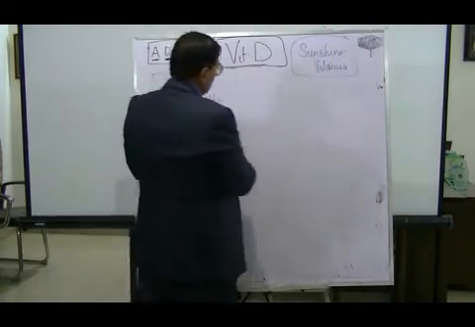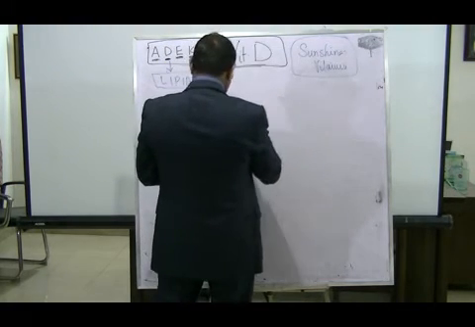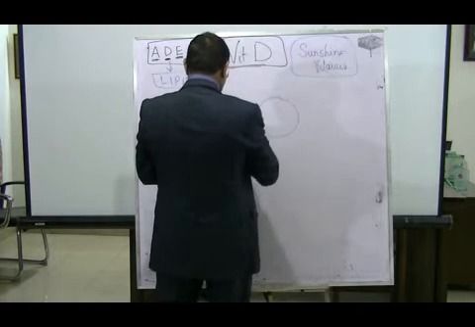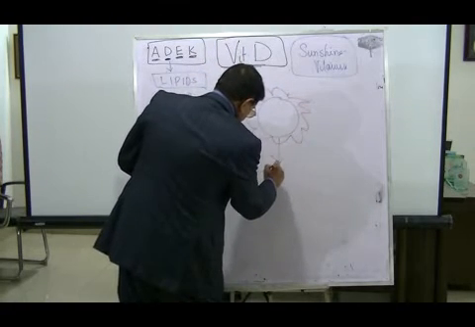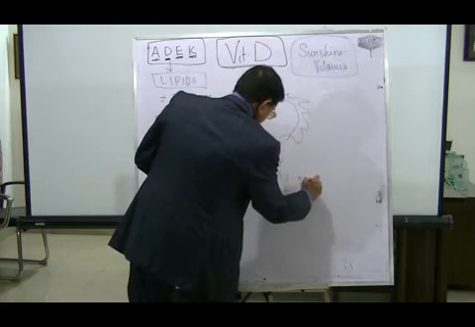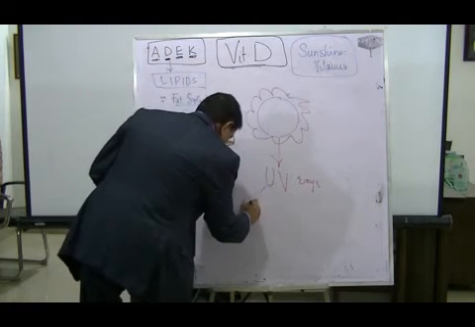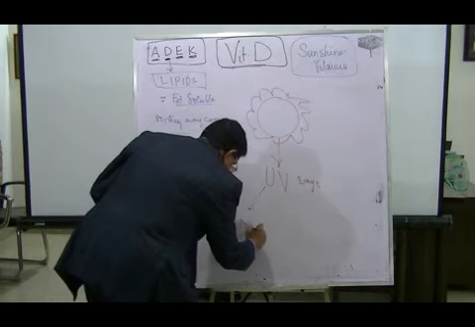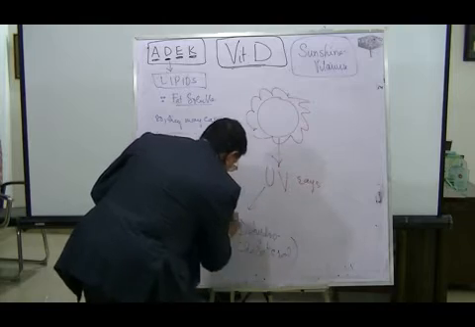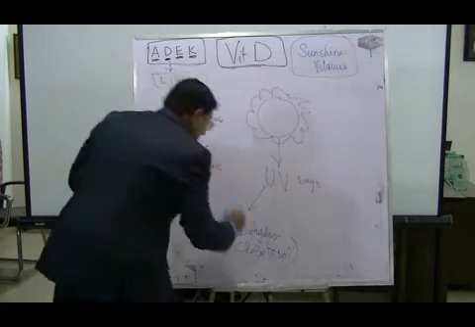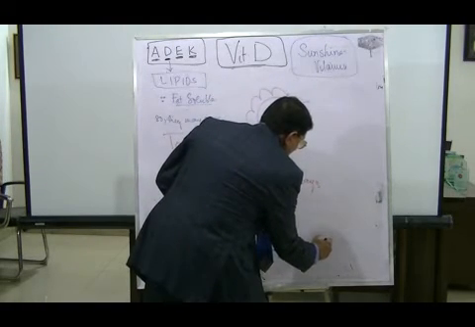Because the UV rays, ultraviolet rays of the sun, act on 7-dehydrocholesterol, which is present in the skin, and it is converted to cholecalciferol.